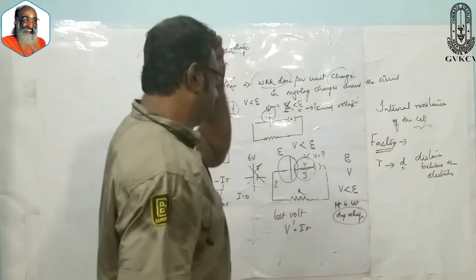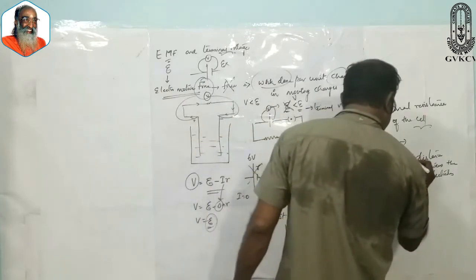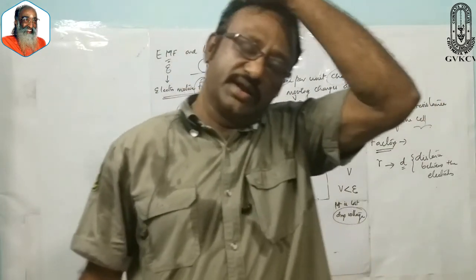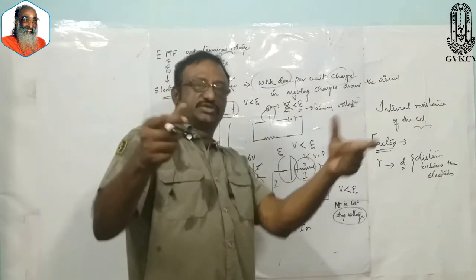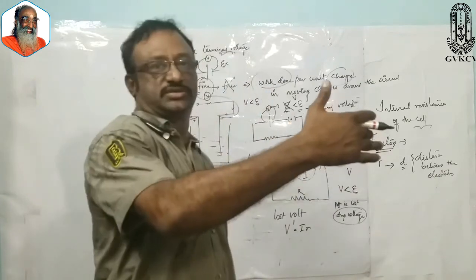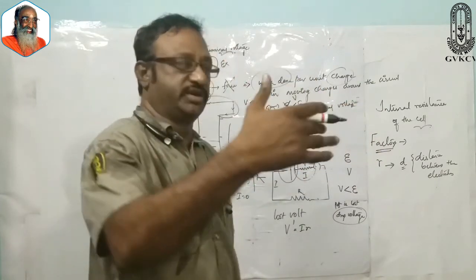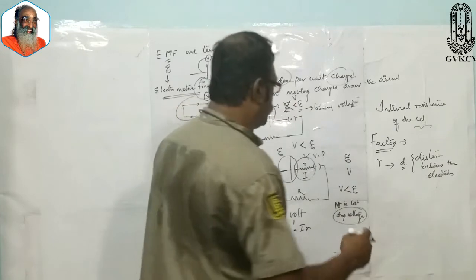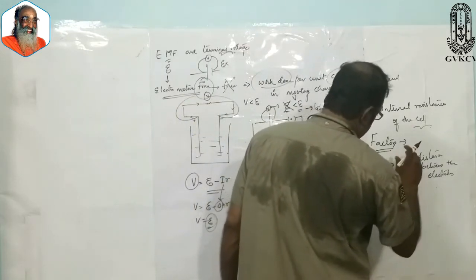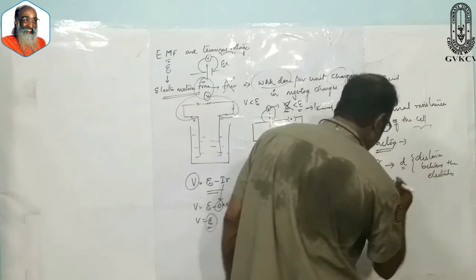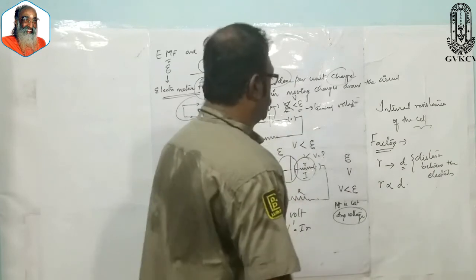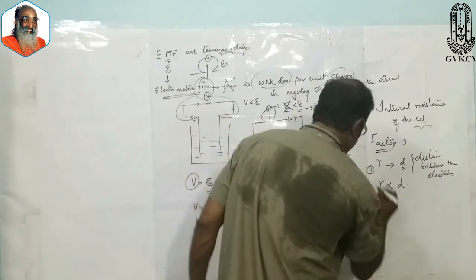If the distance is more, the charges have to travel a long distance, so the resistance increases. So when the distance increases, the resistance also increases. So r is directly proportional to d. This is one factor. And number 2, the area of the plates or the electrodes also influences it.